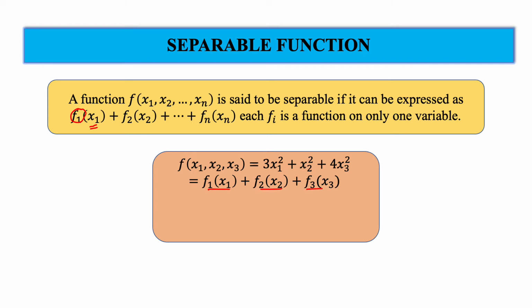So we say that f is separable. Each function can be written as f1(x1) is 3x1 square, f2(x2) is x2 square, f3(x3) is 4x3 square. Each fi is a function of one variable, hence this is a separable function.